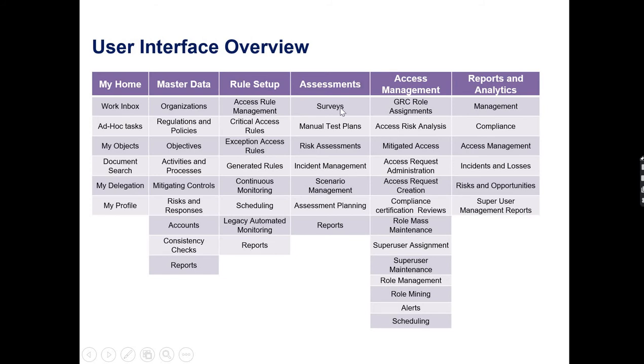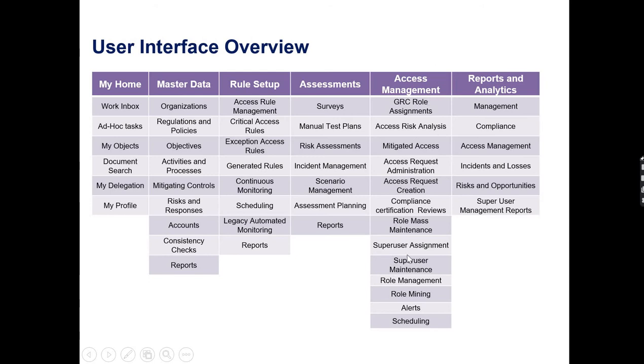Okay. Assessment is completely related to process control and risk management. We don't do anything here in terms of access control, whereas access control is completely related to your access control only. Like GRC, role assignment, access risk analysis, mitigation, access request administration, request creation, certification, mass role maintenance, super user assignment, super user maintenance, super user management, role mining, alert, scheduling.